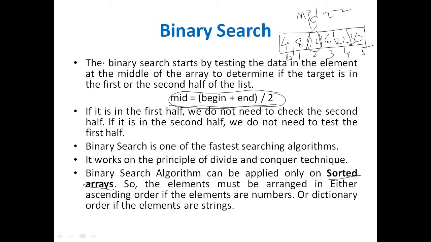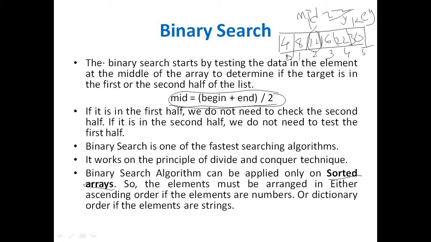Now we check whether the searched element, 22, is available on the left hand side or right hand side based on the mid. If the mid value is greater than the searched element, which we also call the key element, then we can search on the left hand side.